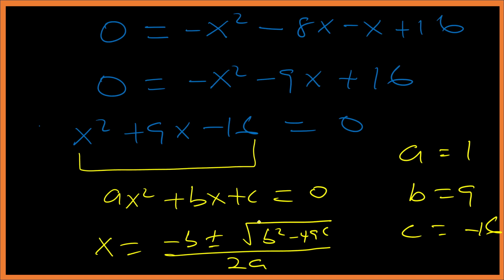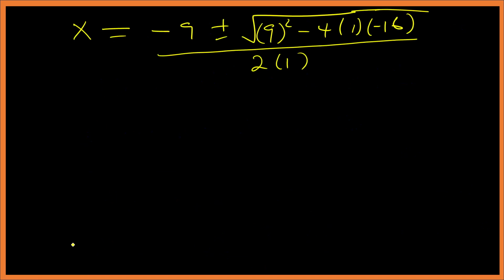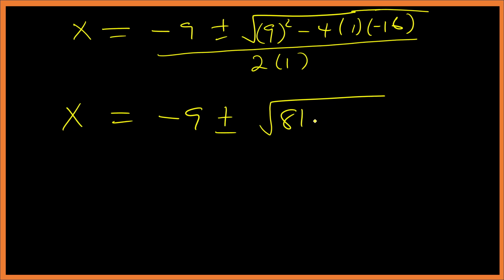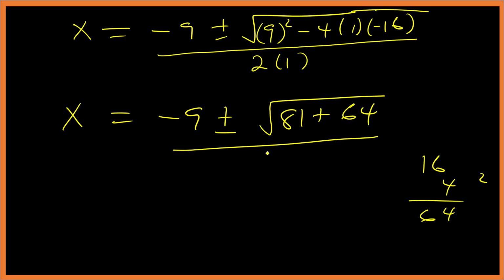Okay, all right, so this side will be x equals minus 9 plus or minus 9 squared, 81, plus 16 times 4, 64, on 2.